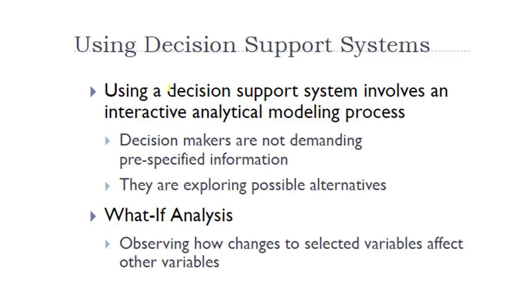So using decision support systems involves an interactive analytical modeling process. Decision makers are not demanding pre-specified information, they are exploring possible alternatives. When you say what-if analysis, it is the observation of how changes to selected variables affect other variables.